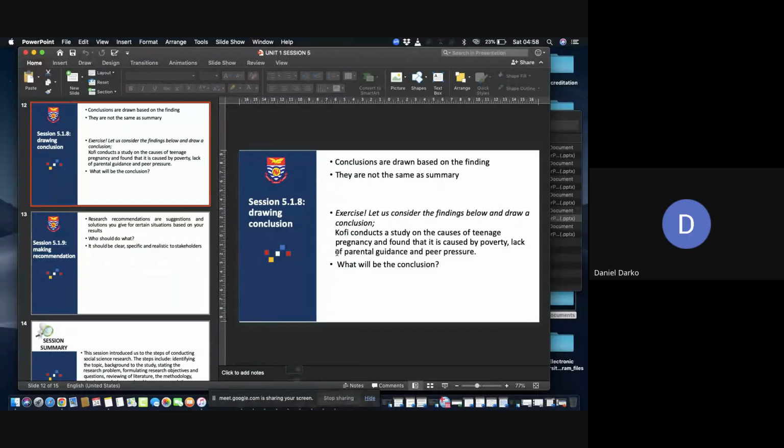Conclusions are based on findings. They are not the same as summary. And you conclude 1, 2, 3, 4. That is not conclusion. That is summary.